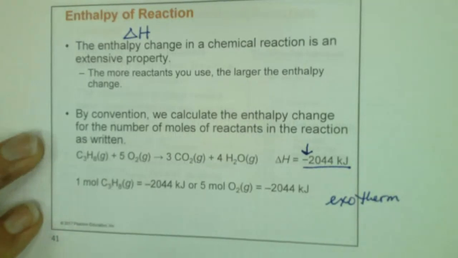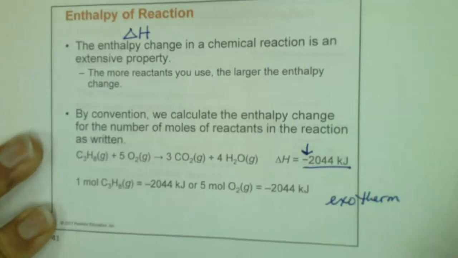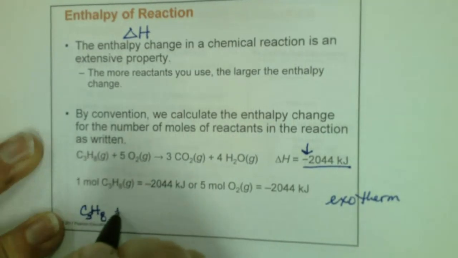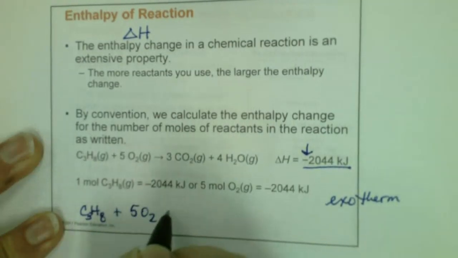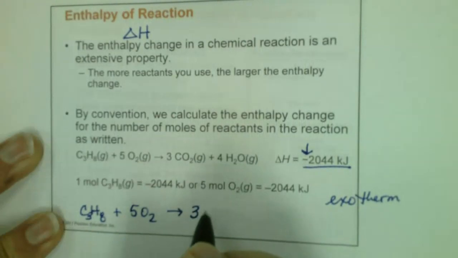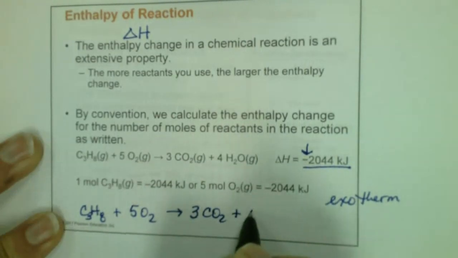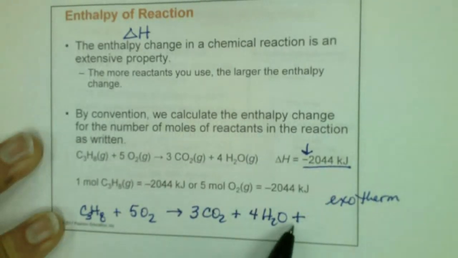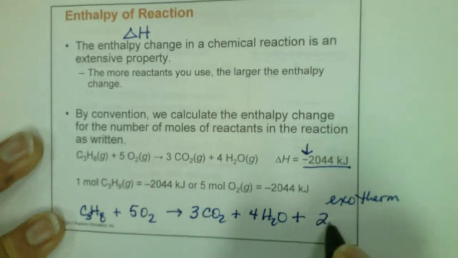I can also include that in the writing of the balanced chemical equation. I would say C3H8 plus 5O2 would be 3CO2 plus 4H2O plus, since it's being released, I would write it as part of the products.